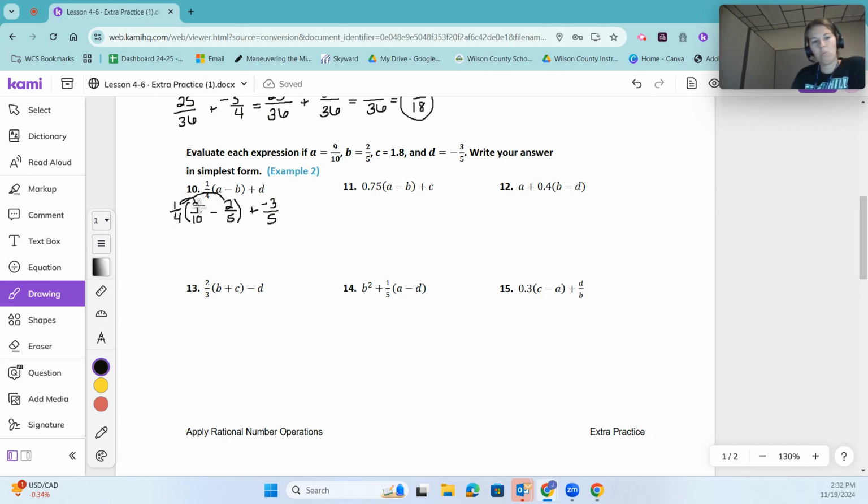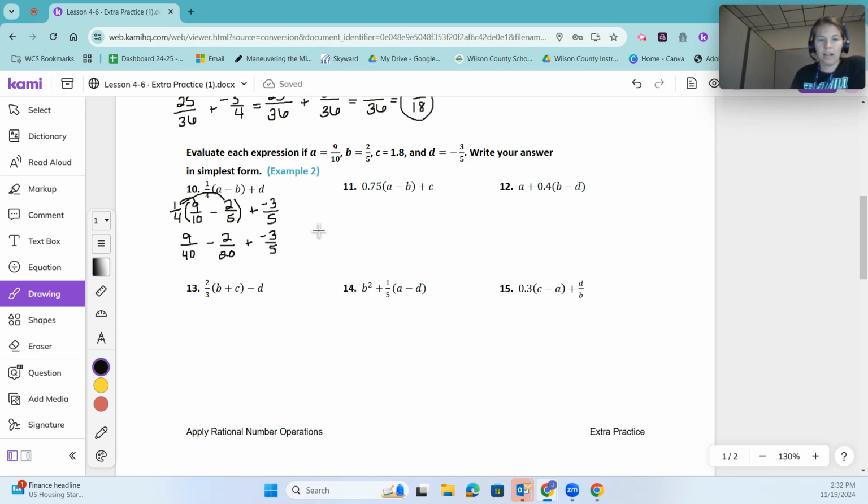I multiply. 1 times 9 is 9. 4 times 10 is 40. 1 times 2 is 2. 4 times 5 is 20. Plus negative 3/5. Then I'm adding and subtracting, so I'm going to find a common denominator, which is going to be 40.